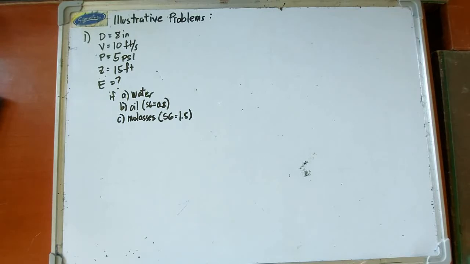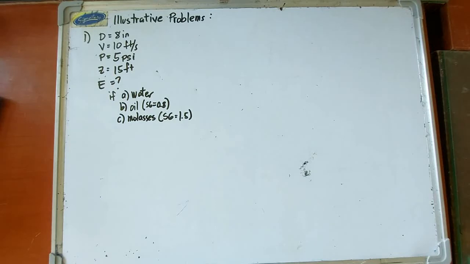Okay, and the elevation of the pipe above the assumed datum is 15 feet. Compute the total head in feet if the fluid is letter A, water, letter B, oil with a specific gravity of 0.8, and letter C, molasses with a specific gravity of 1.5.